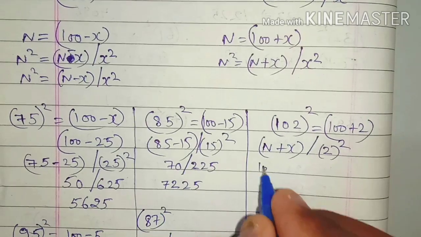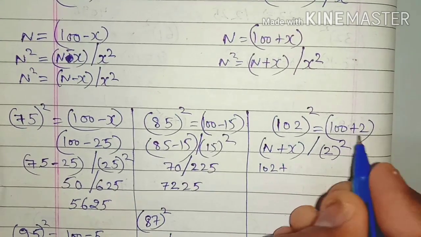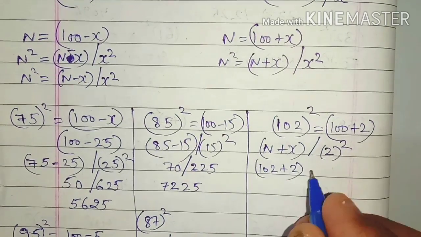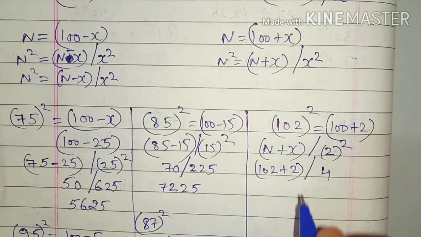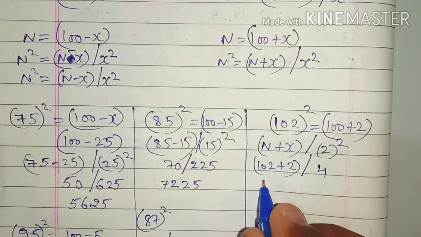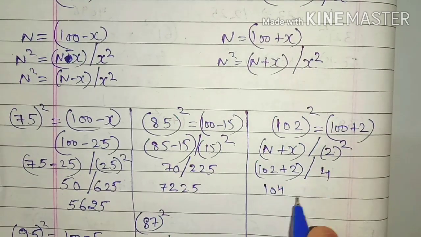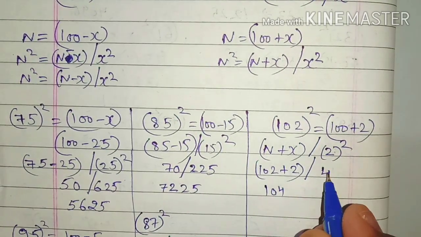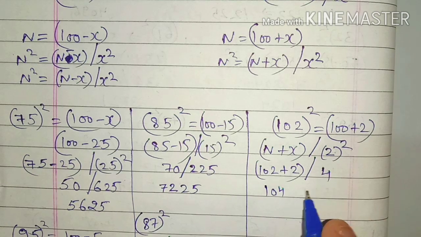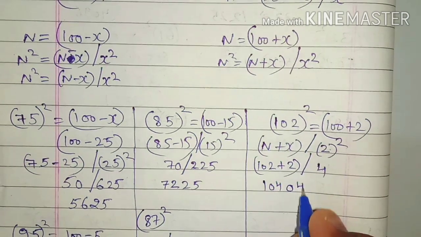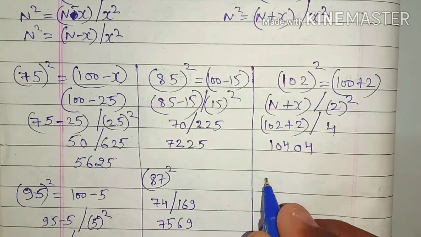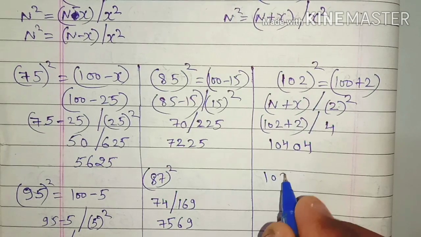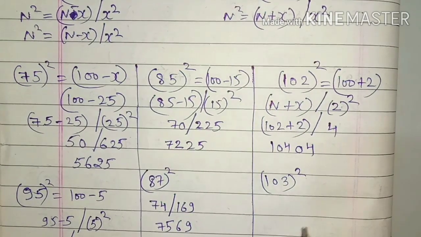Number is 102 plus how much the number is more, 102 plus 2, and on the right the square of 2. 102 plus 2 becomes 104, and on the right we have to write 2 digits, so we write 0 before 4. Square will be 10404.